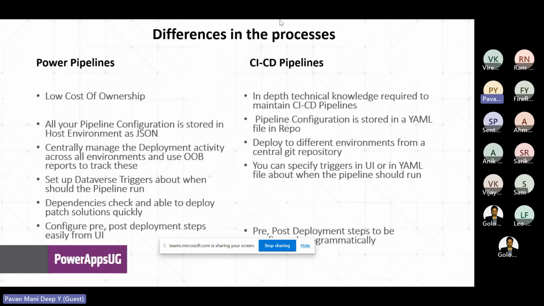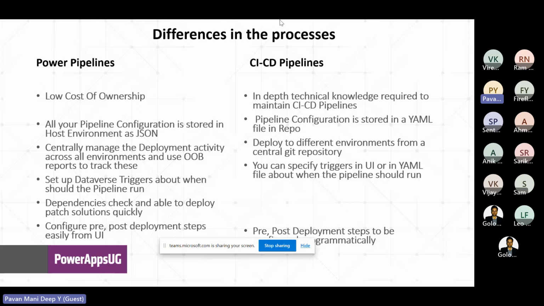Okay, so these are the main differences between the Power Pipelines and CI/CD pipelines. If you can see, Power Pipelines has very low cost of ownership. That means it is very easy to incorporate and very easy to maintain.